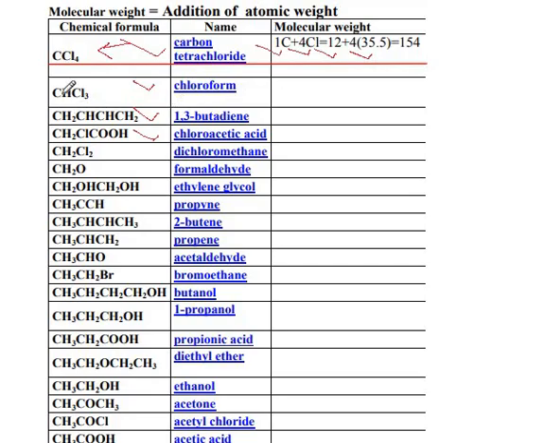For example, here chloroform, that is 1 carbon plus 1 hydrogen plus 3 chlorine atoms. So 1 carbon, atomic weight 12, 1 hydrogen, atomic weight 1, and as there are 3 chlorine, so 3 in bracket 35.5.